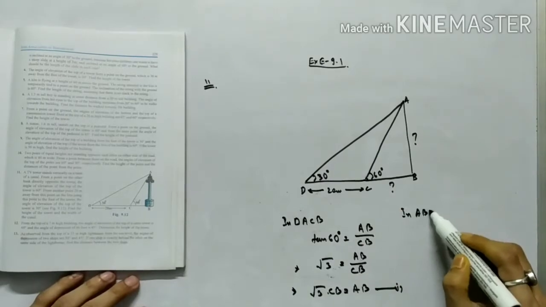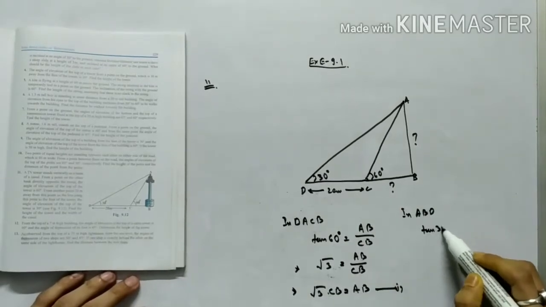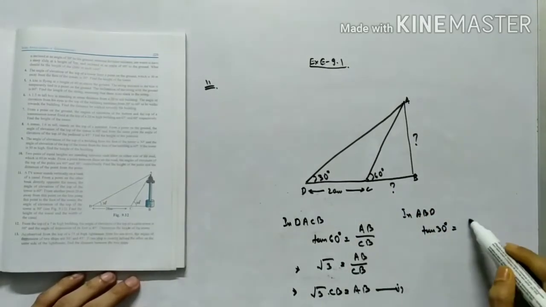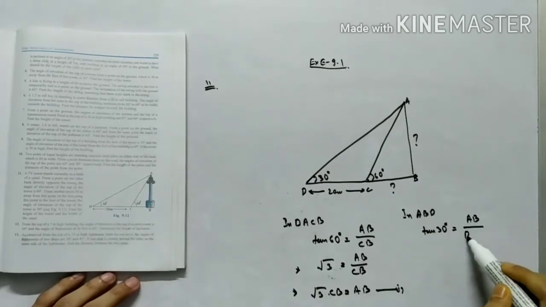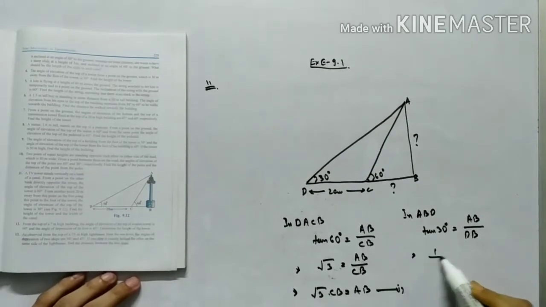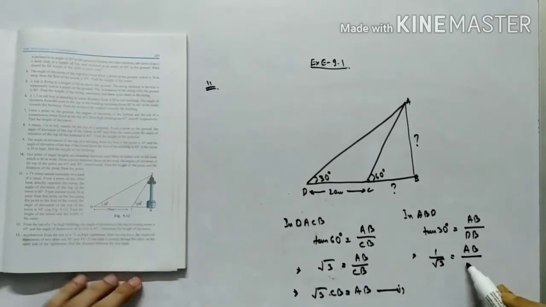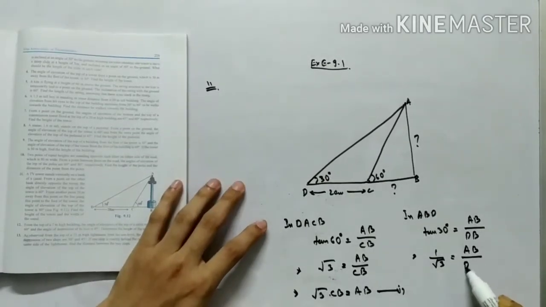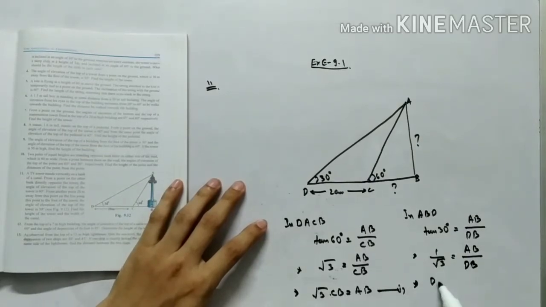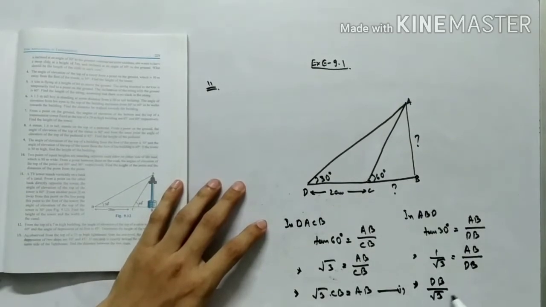Next, I will take this whole triangle. In triangle ABD, tan 30 degree is equals to AB by DB I will get. Tan 30 means 1 by root 3 is equals to AB by DB. So ultimately DB by root 3 is equals to AB I will get.